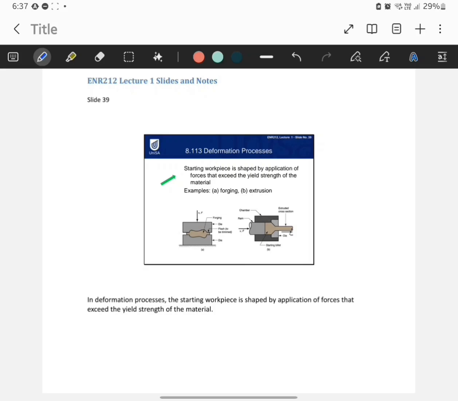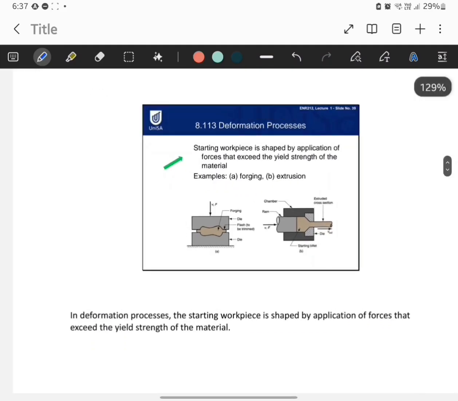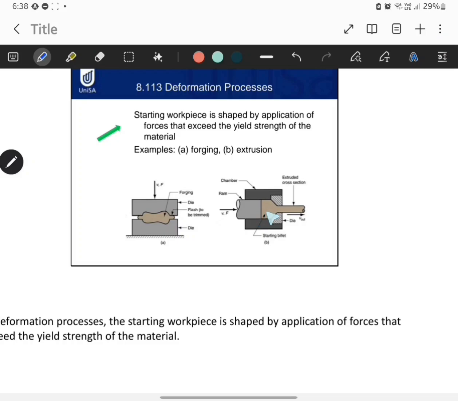As we can see, forging involves shaping the material by hammering or pressing, while extrusion pushes it through a shaped die to create long pieces. So the difference between them is that when the material is pushed through a die, the process is called extrusion, and here we have forging, because we use hammering or pressing.